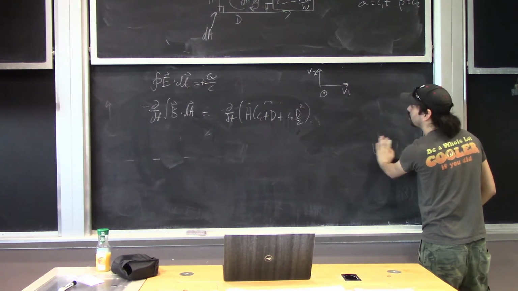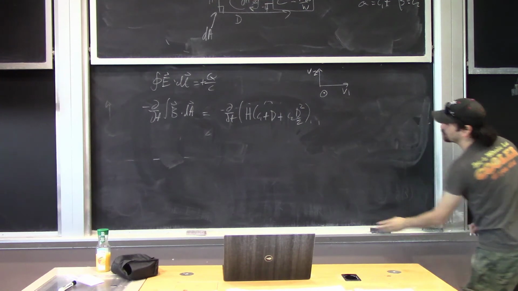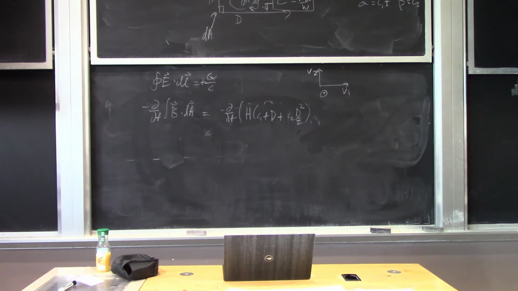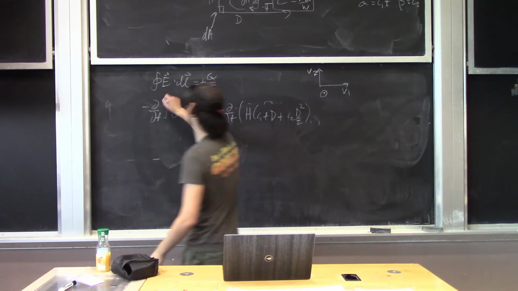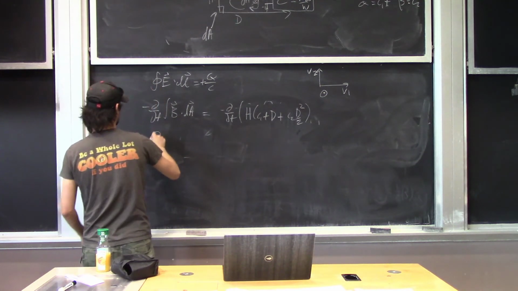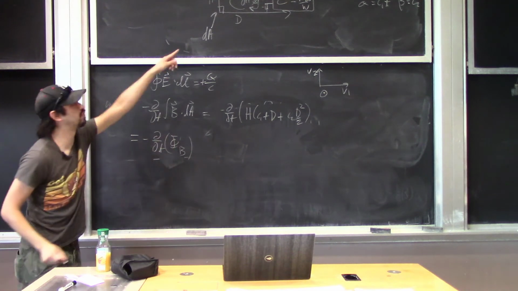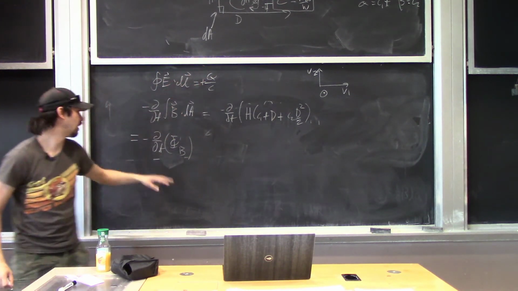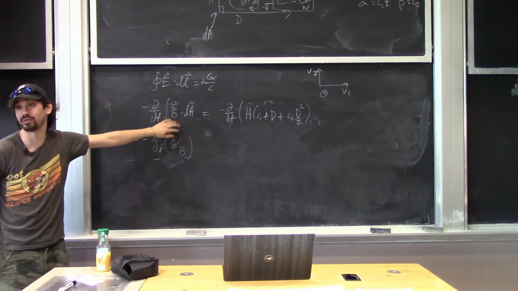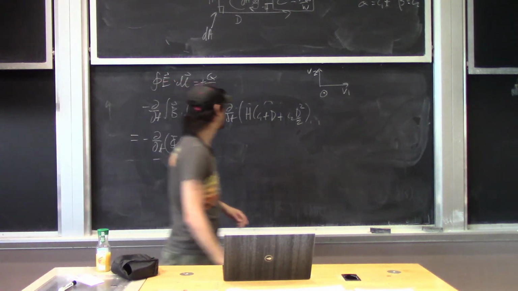You still don't need the dA in the... What's that? You still need the integral. What I actually did was, this is really equal to minus the partial derivative with respect to time of phi sub b. And I took the phi sub b that I calculated there, and I plugged it in for what the integral is. Okay.